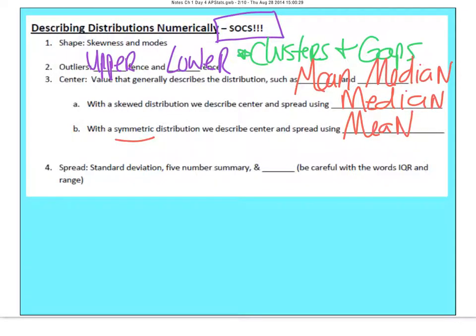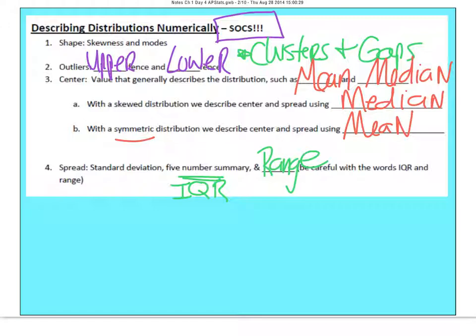Then wrapping up with spread. For spread, we're either going to use the standard deviation, or it says here the 5-number summary, but really the 5-number summary, we're going to talk about interquartile range. We would use that more. Or we would actually just talk about the standard range in the data, which is just your maximum minus the minimum.